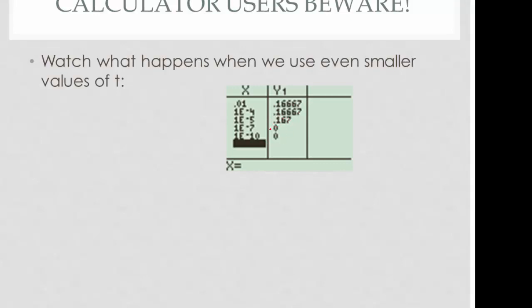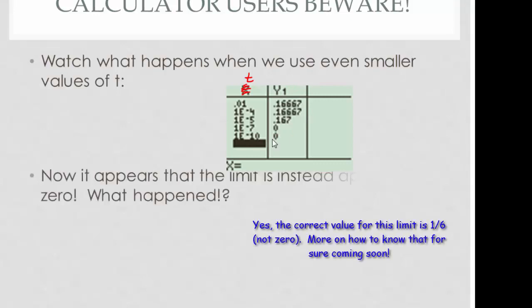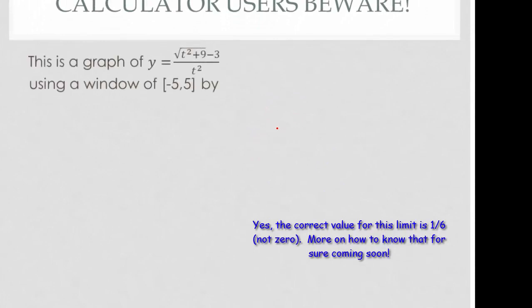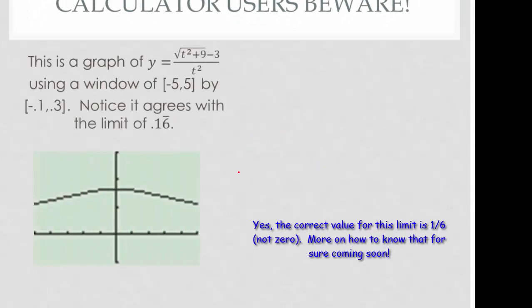And then all of a sudden, if you make that t value close enough to 0, eventually it starts returning a y value of 0. Because of the limitations of your calculator, it's just not able to handle numbers this small. If you take a look at this graphically, it's actually going to do the same thing.